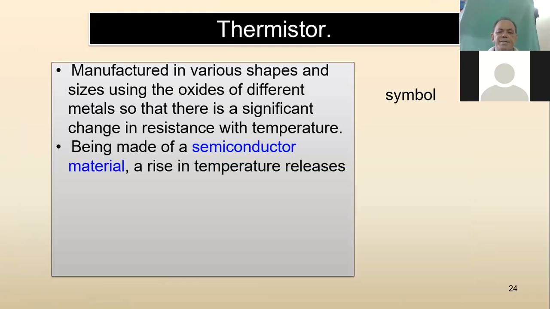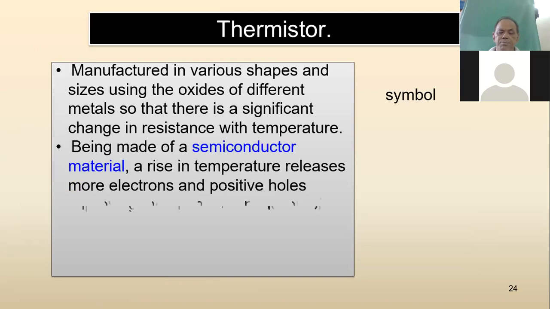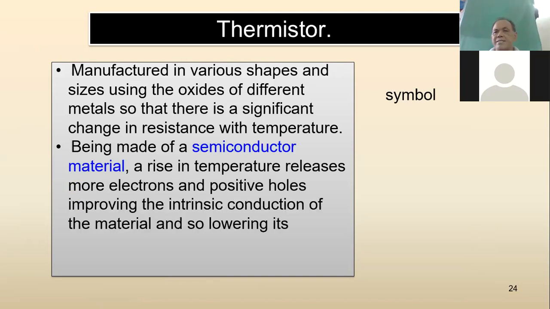A rise in temperature releases more electrons and positive holes, improving the intrinsic conduction of the material and so lowering its resistance. As temperature increases, there are more electrons and positive holes available for conduction, so the resistance decreases.